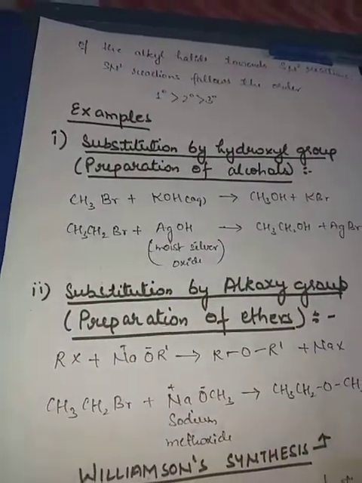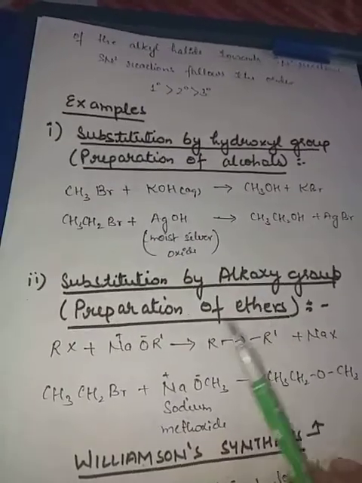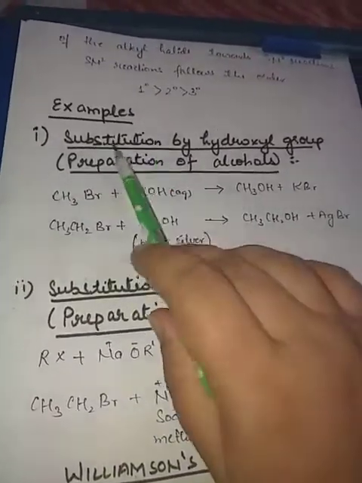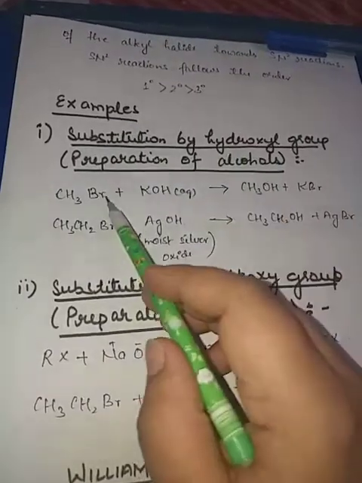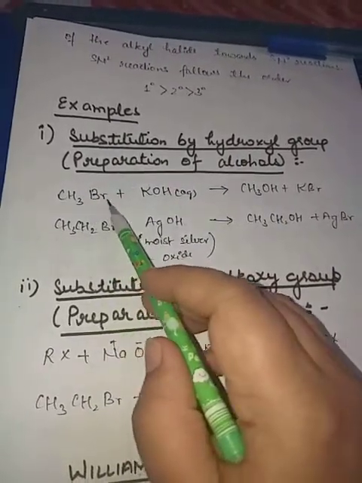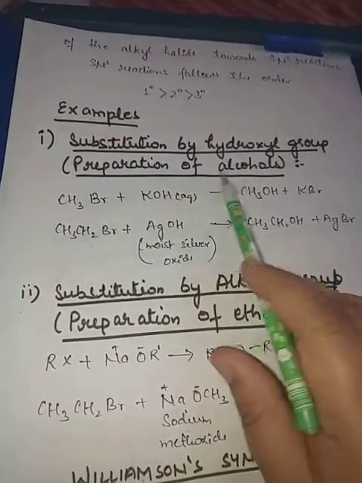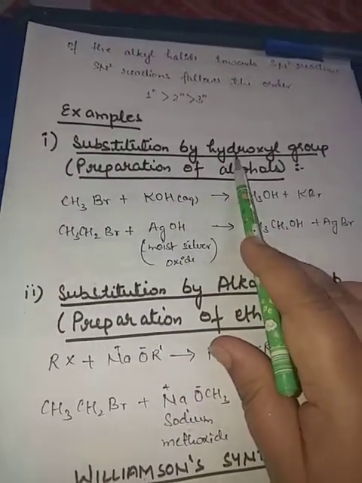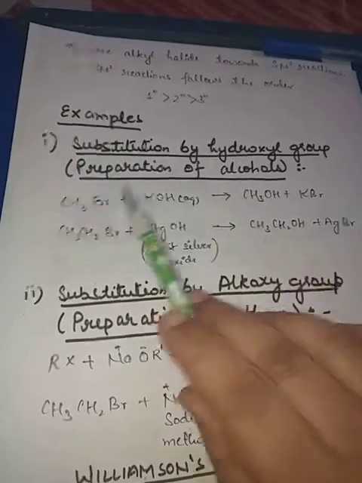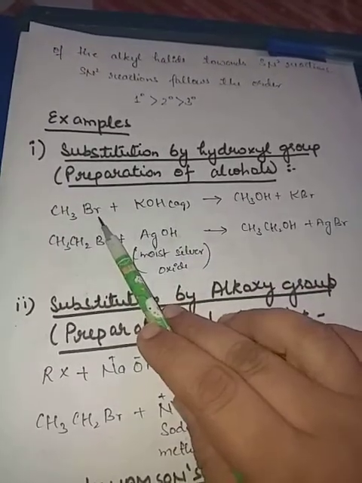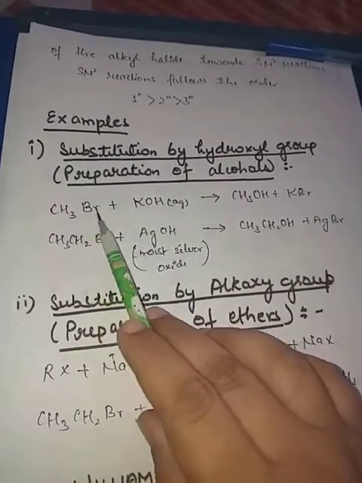Now many examples are there. We'll discuss them one by one. First is the substitution by hydroxyl group. If this halogen is substituted by OH, we'll get alcohols. It means this reaction is for the preparation of alcohols also. Suppose any haloalkane is there, like here we have taken CH3Br.